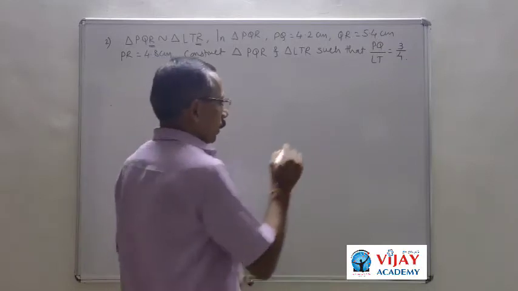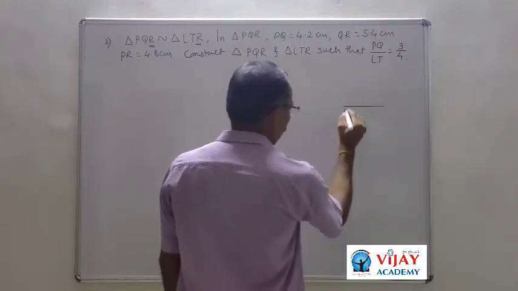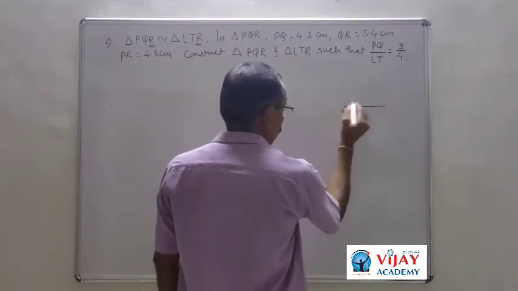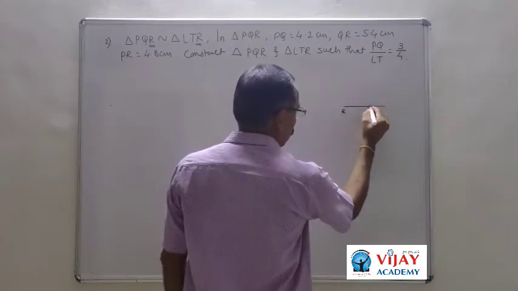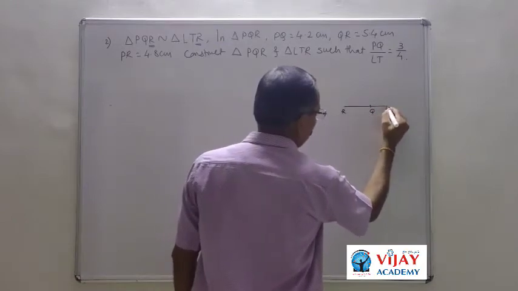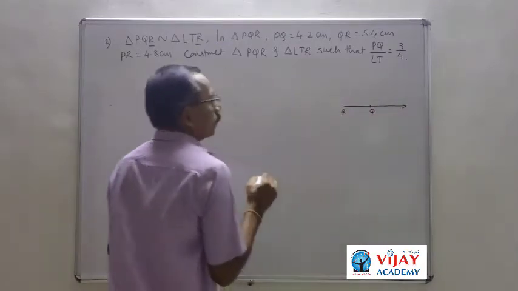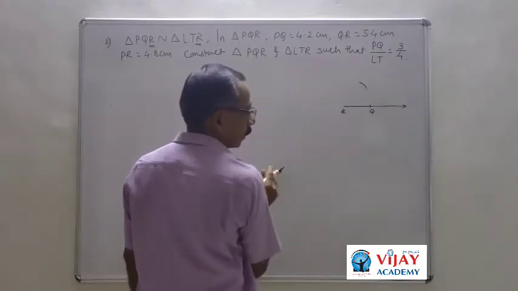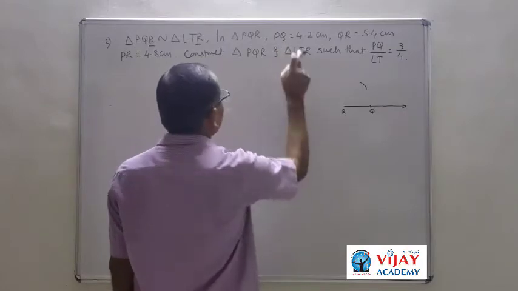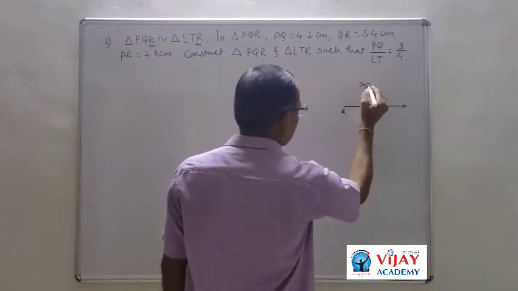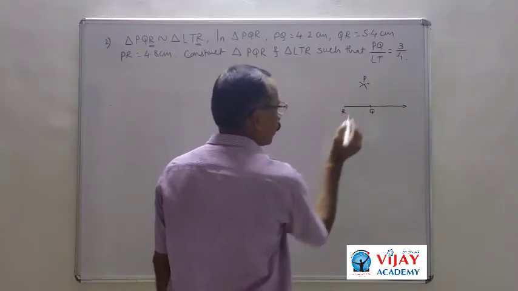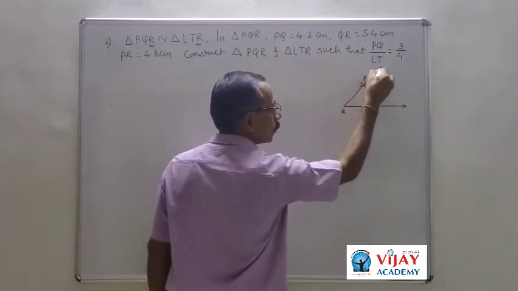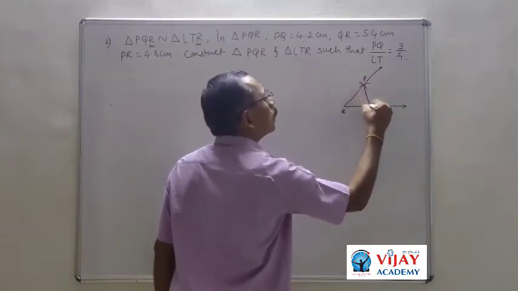Now if you take a rough figure, R is a common vertex, and you draw the side QR along the base. Then taking PR 4.8 centimeter this way and PQ 4.2 centimeter, the point of intersection is point P, and we get this triangle PQR.